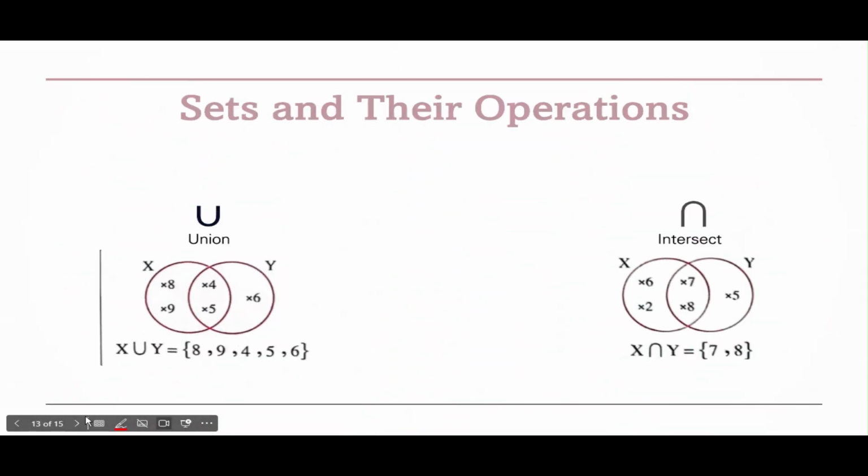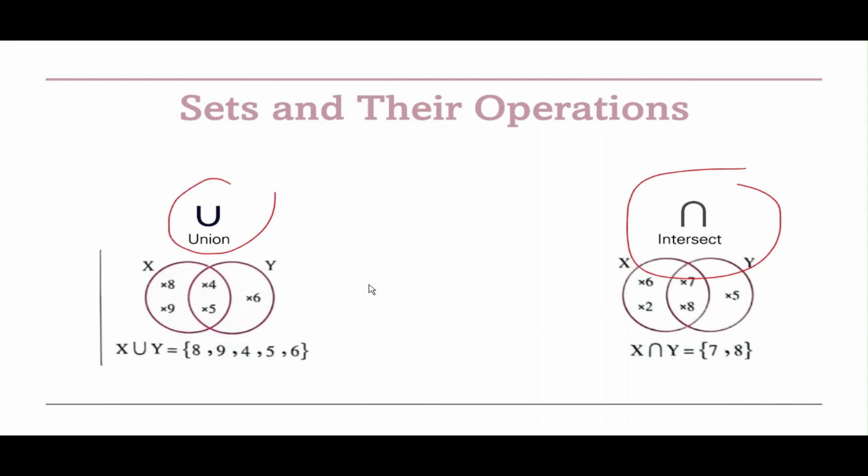We're about to finish, guys. We got here union and intersect. What's union? Union means to make all the sets interact together to form one unit set. But please don't repeat the number again. It's illegal in this.